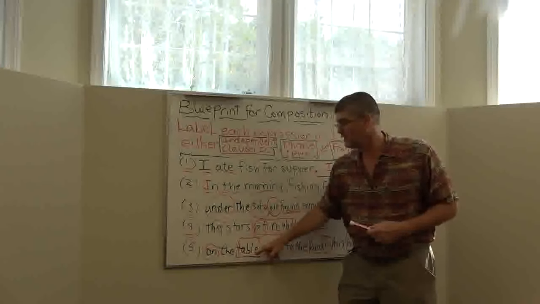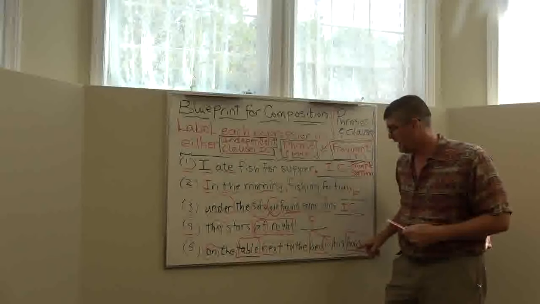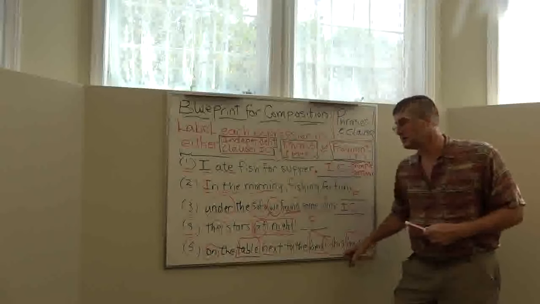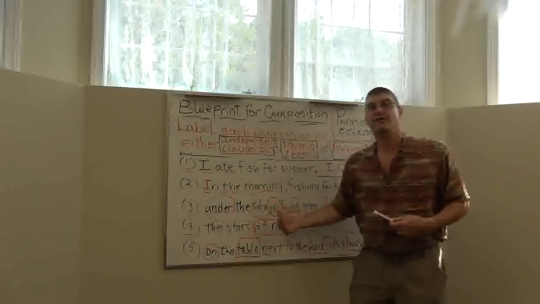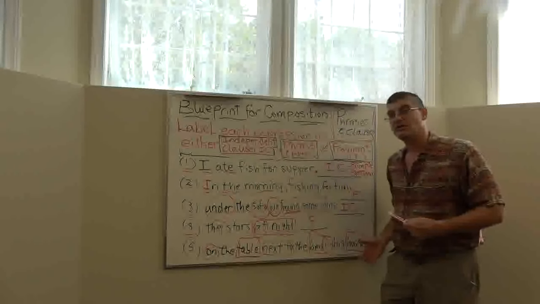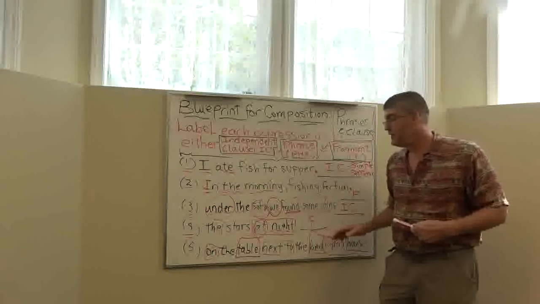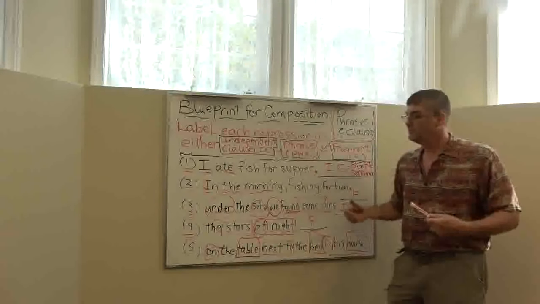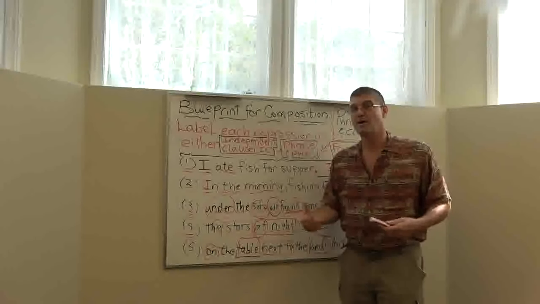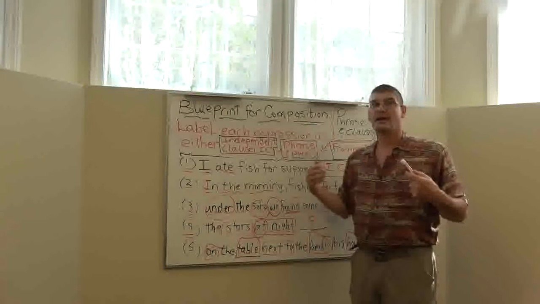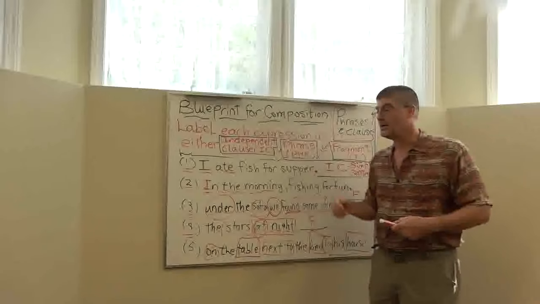And in this case, the object nouns are table, bed, house. These are all object nouns of prepositions. Therefore, as I said, an object cannot be a subject. So these cannot be subjects. That's one problem if you want to think about them as potential subjects. They cannot be objects and subjects at the same time.